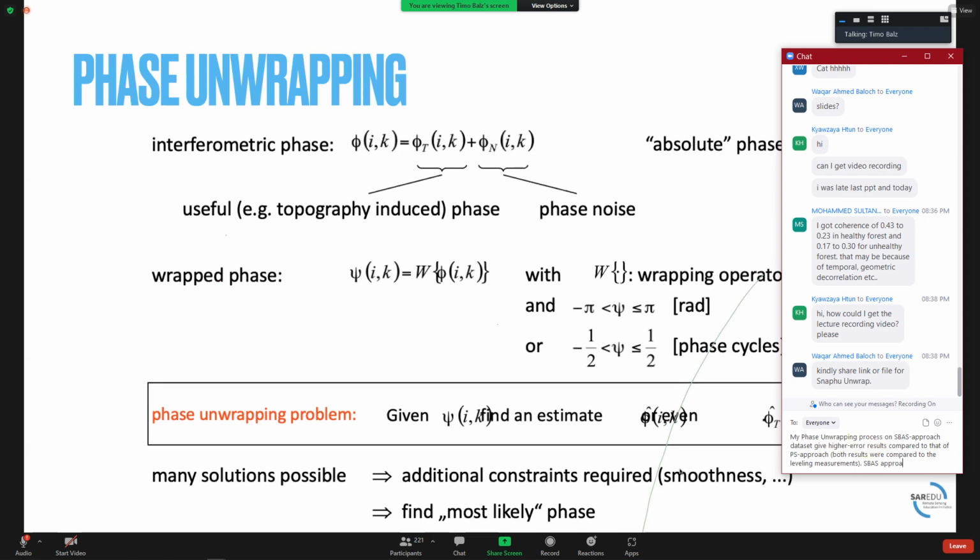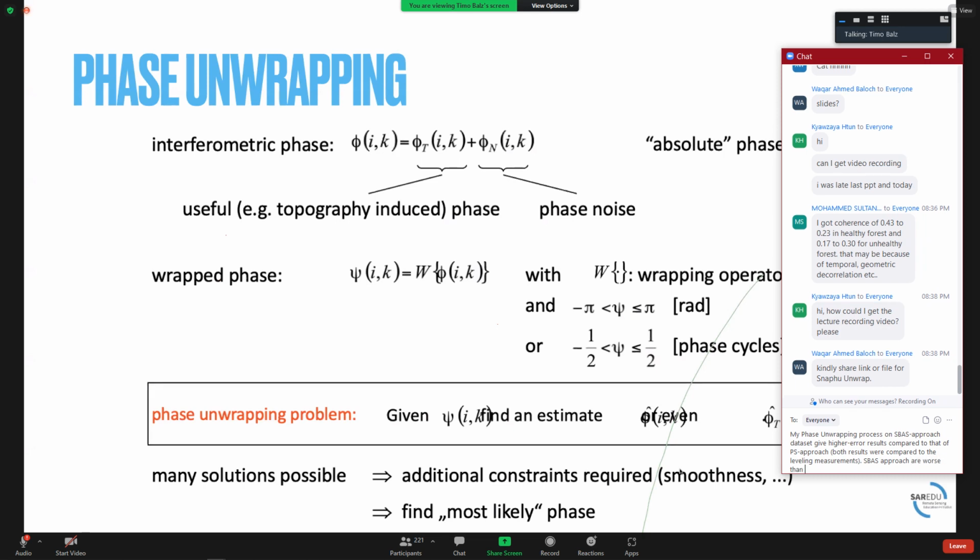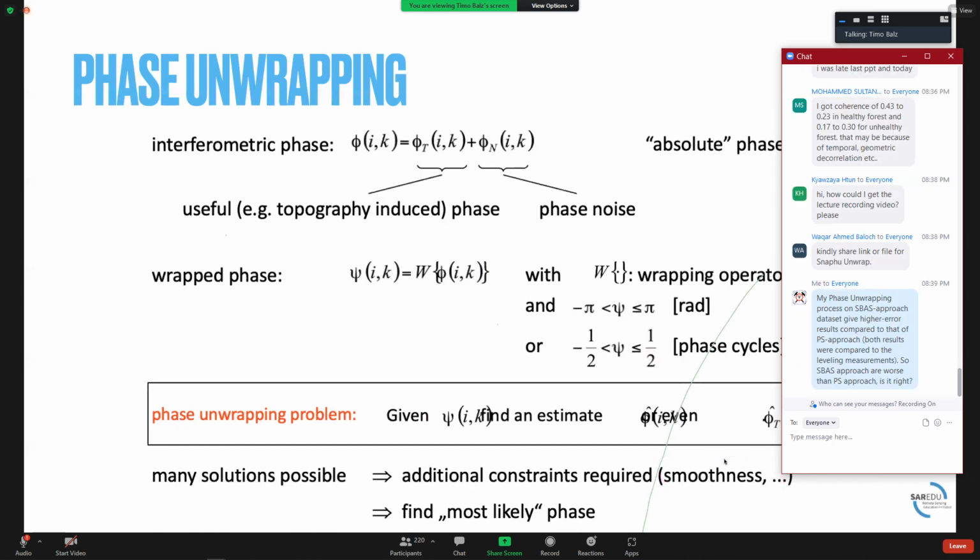That's not smooth. Now, you could add another constraint, a kind of building constraint, and still be able to unwrap it, but it would be another method. Typically, we have some smoothness constraint that says it has to change smoothly over the image.